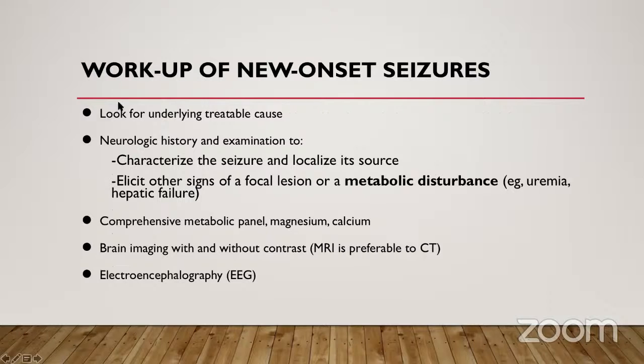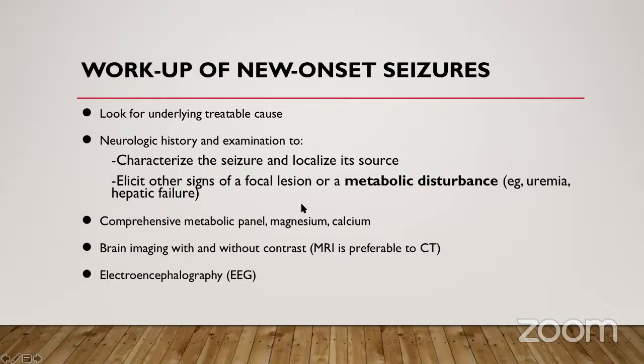To diagnose seizures, first of all, we have to identify the secondary causes and treat them. We start by taking a good neurological history and examination to try to know which type of seizure we have, either simple or generalized, and to localize its source, whether it affects one part of the brain or is generalized.